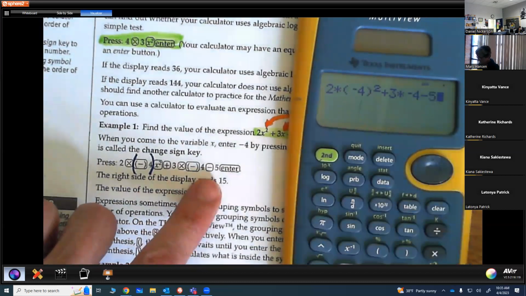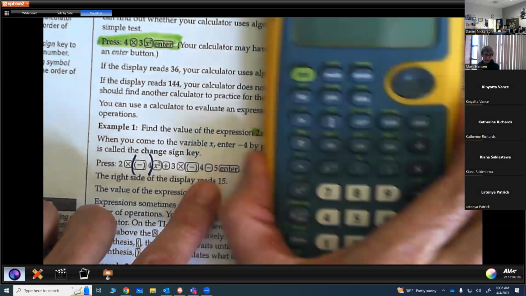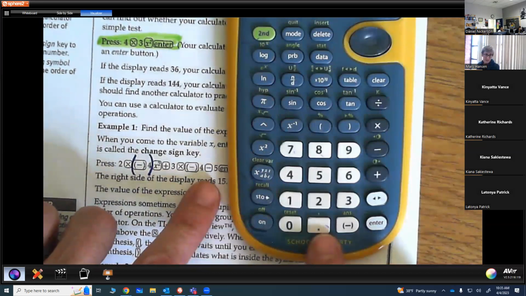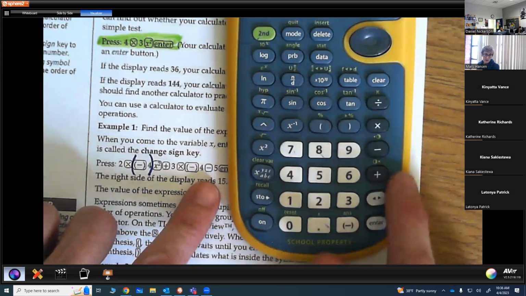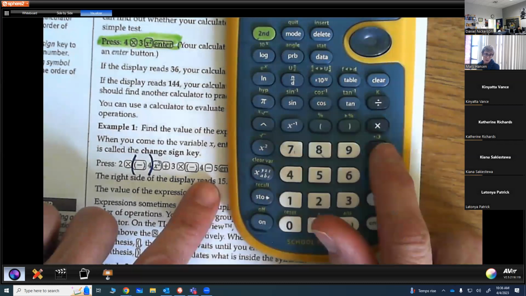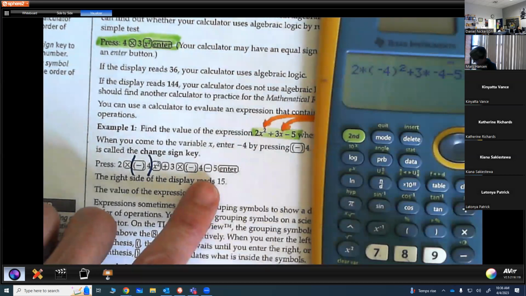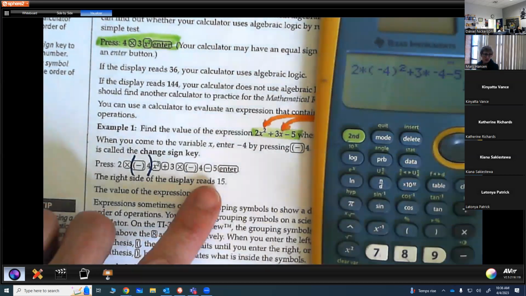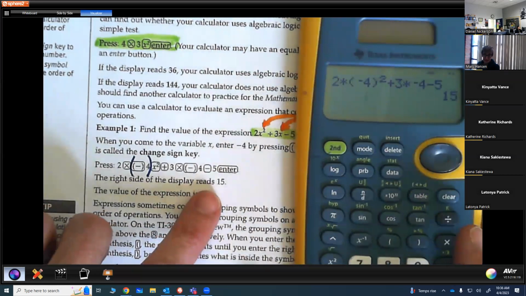Now keep in mind the negative sign is down here to the right of the decimal point, and the subtract is up here with the other operators. So you have to use the negative when you want a -4, and you have to use subtraction when you want subtraction. And then if we hit enter, you should get 15.